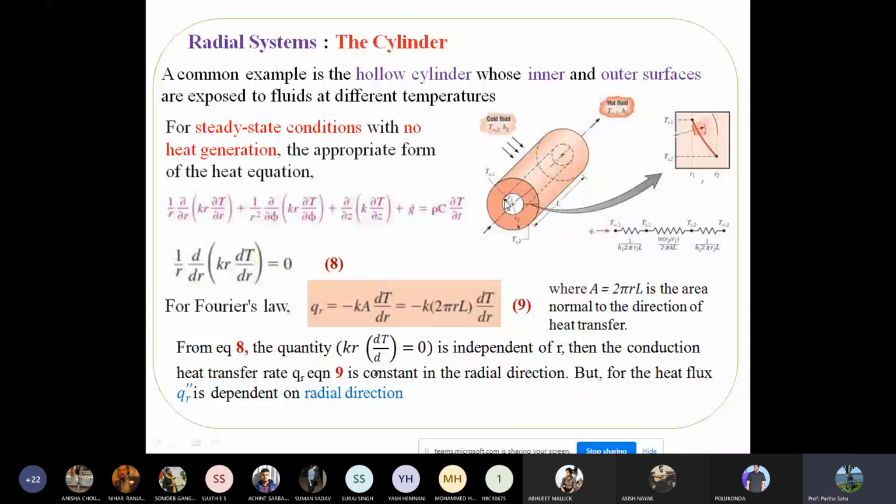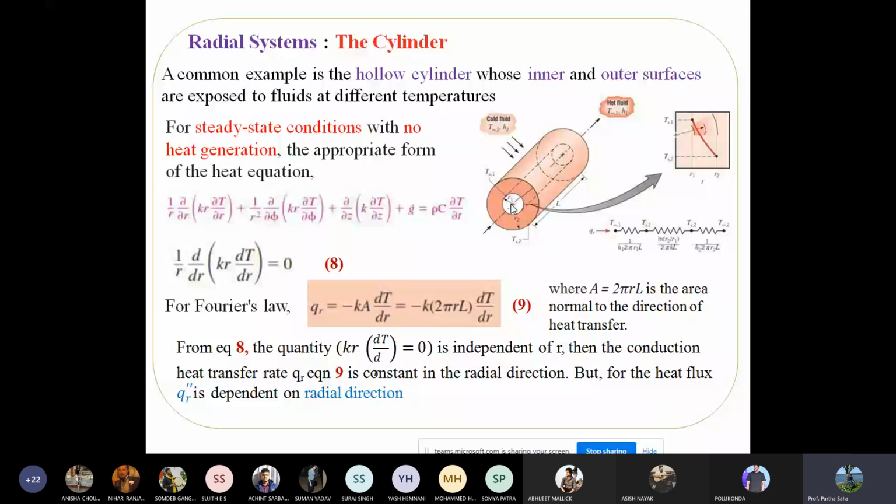If we assume the inside temperature Ts1 is hot, so let us assume some hot fluid is flowing inside and outside is the atmosphere or some cold fluid. So obviously heat is going to transfer in the radial direction. So there will be heat flux in the radial direction that we are going to determine.